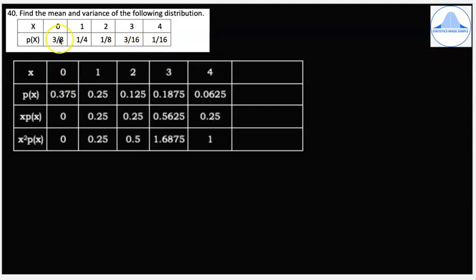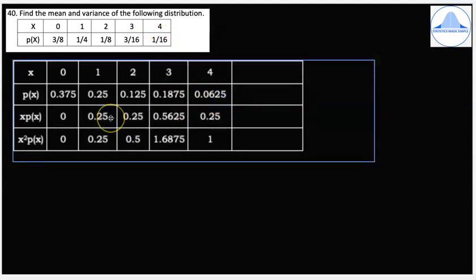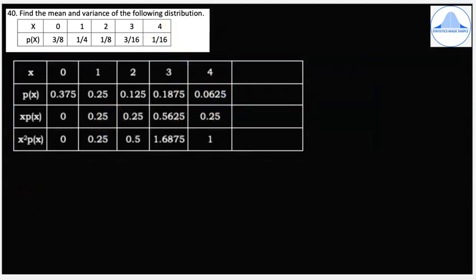So 3 by 8, when we convert it to decimal, it's 0.375. 1 by 4 is 0.25. 1 by 8 is 0.125. 3 by 16 is 0.1875 and 1 by 16 is 0.0625. Now, if we add up all these probabilities, you will get the total, that is summation P of x should be equal to 1.